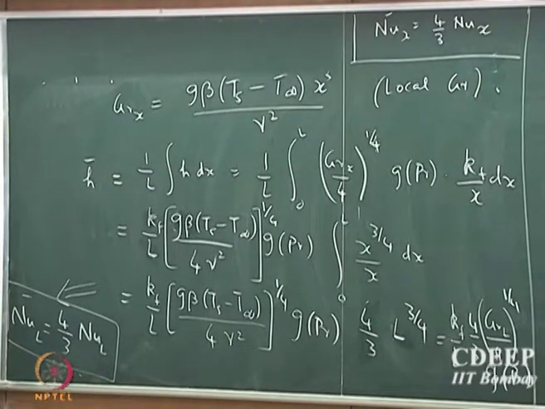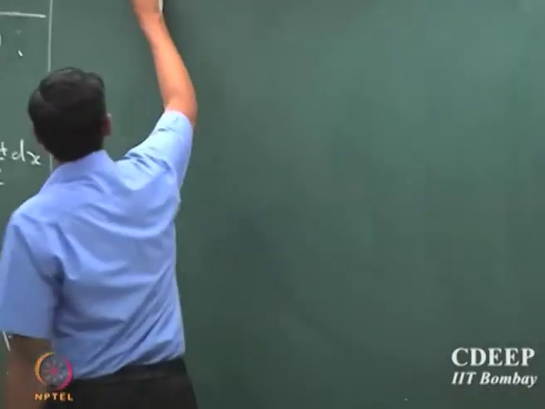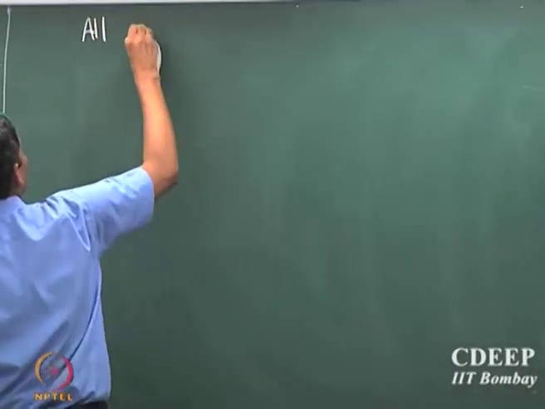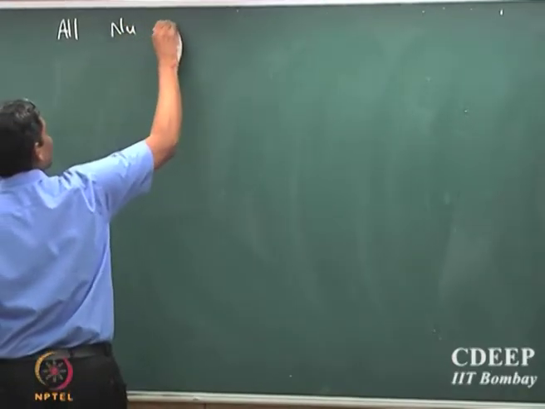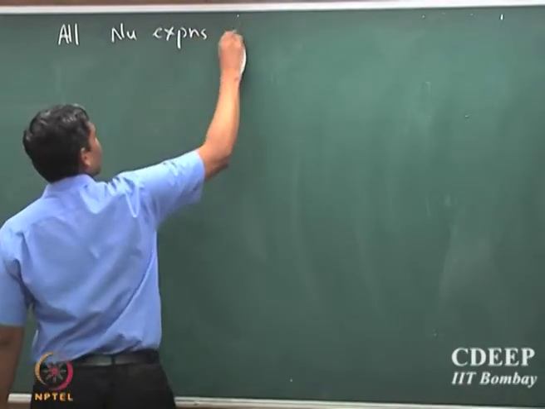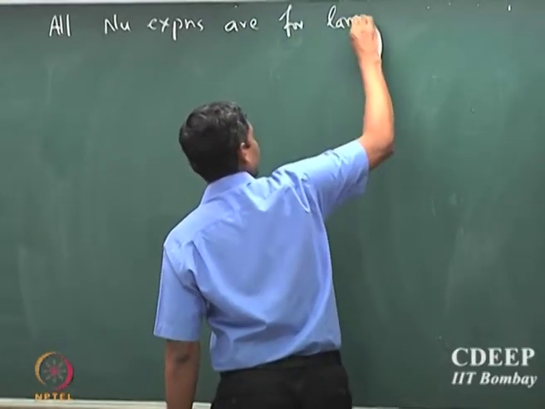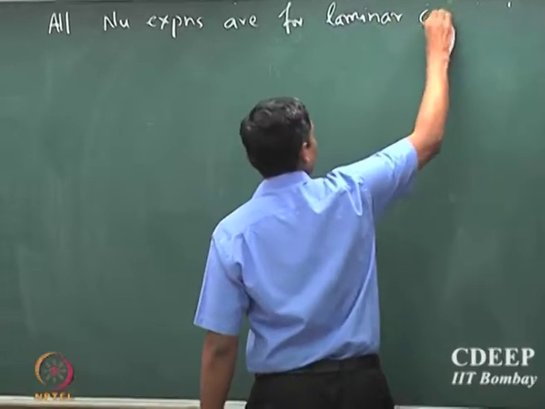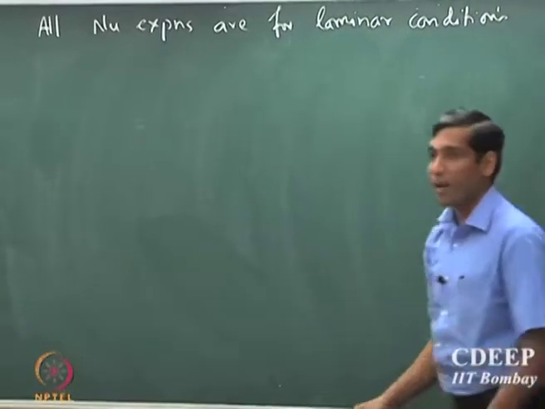Now, all that we have done is for laminar conditions, although I should have mentioned it earlier. All the equations and all the Nusselt number expressions so far are for laminar conditions. There is a particular reason why I did not mention laminar.